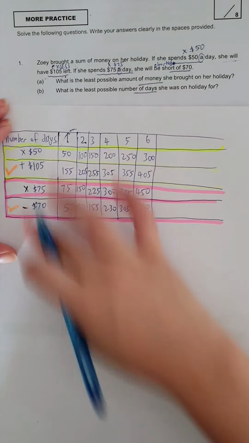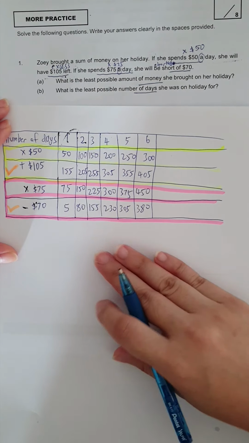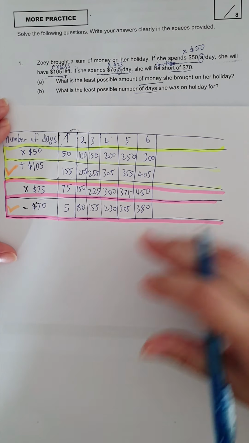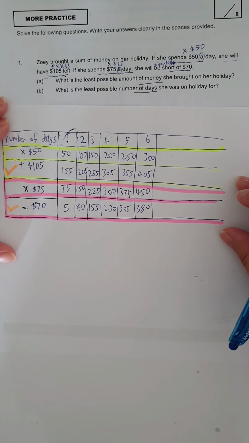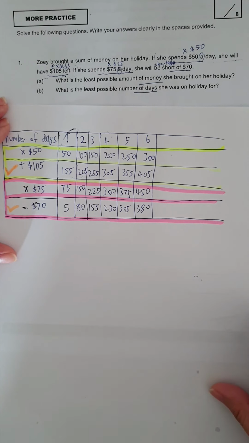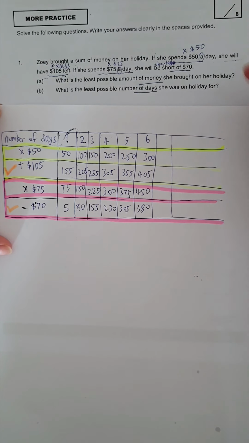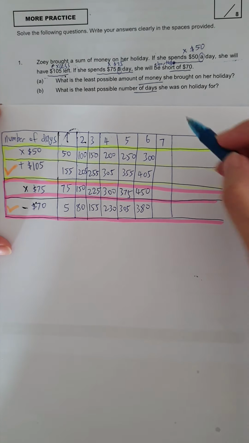So this method, you have to master it first, because you will definitely need it. In the event that in primary 5 and 6 it gets too complicated, then you find, oh, I think the table method is clearer for me, then you use it. Use whatever method suits you during the exam itself, because you just want to solve the question and move on to the next one. So it's good to master all, because then you can choose which one you want to use during the exam. Okay, let's continue.